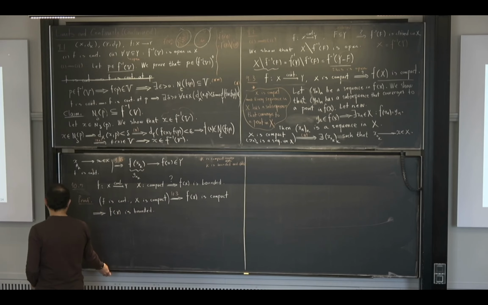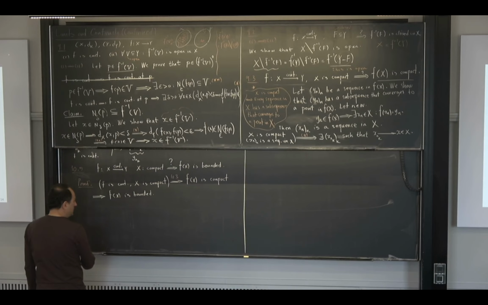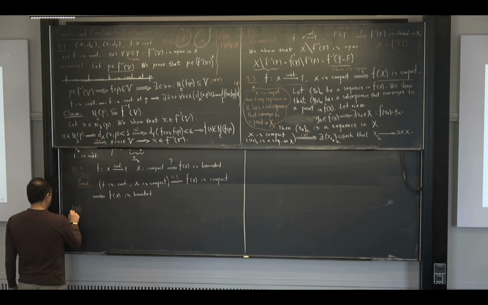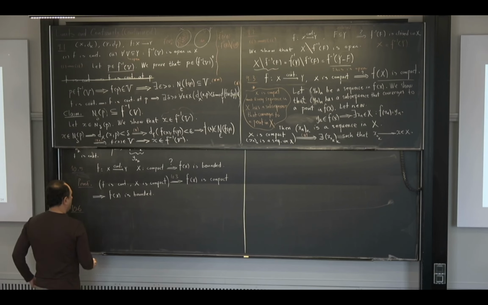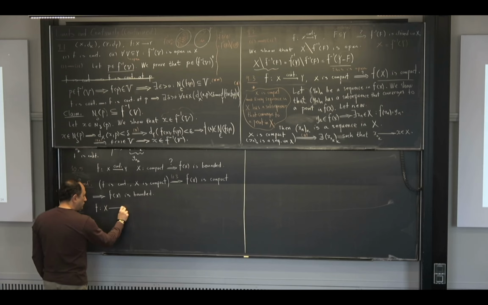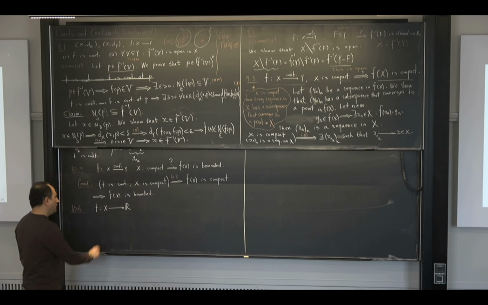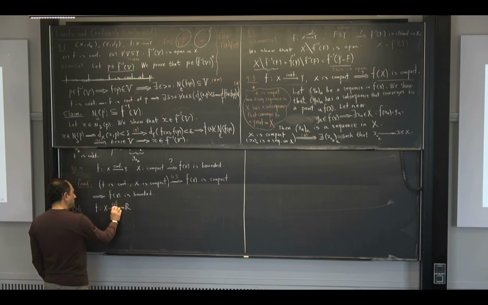Can you do it for me? Can you finish it? Let us try to understand that. So this is 10.6. What we have this time is that f is from X, not to any generic metric space, but to R with the Euclidean metric. And I know this is continuous.